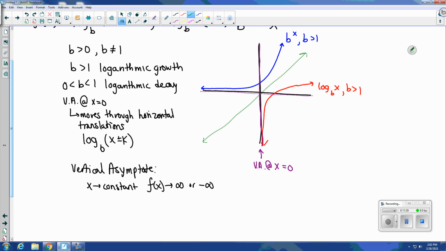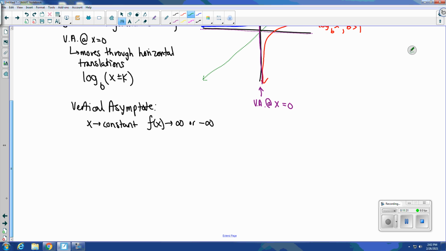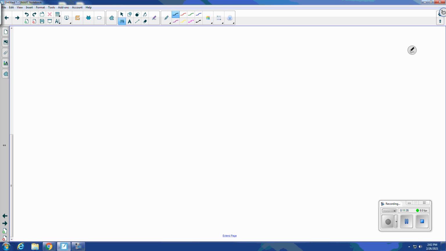Then let's look at an example of logarithmic decay, just so you can see the visual. Say we have our function. Let's look at exponential decay, when our b value is between 0 and 1.